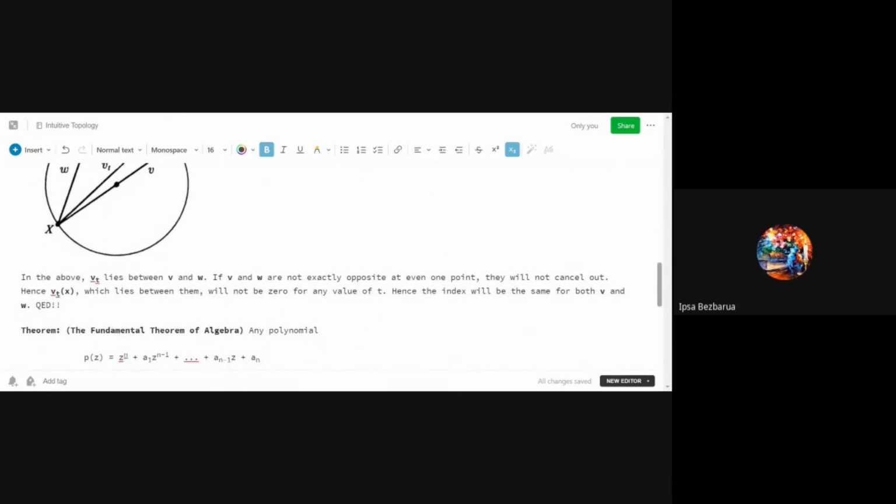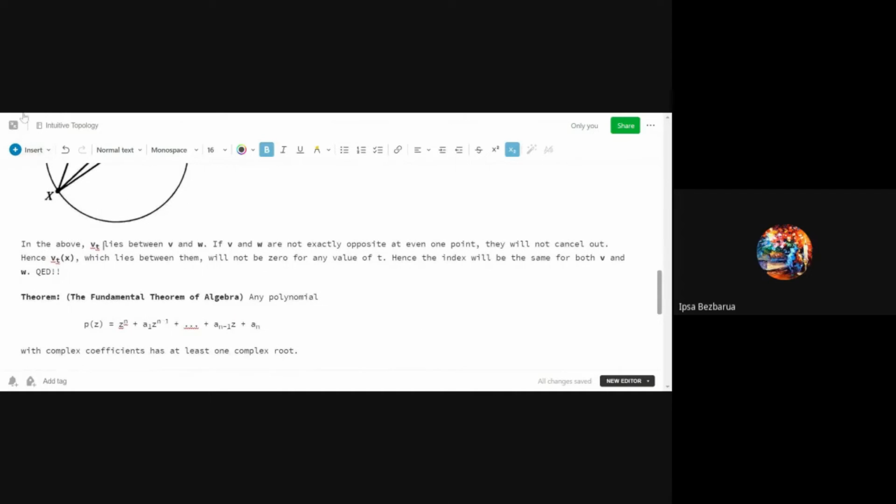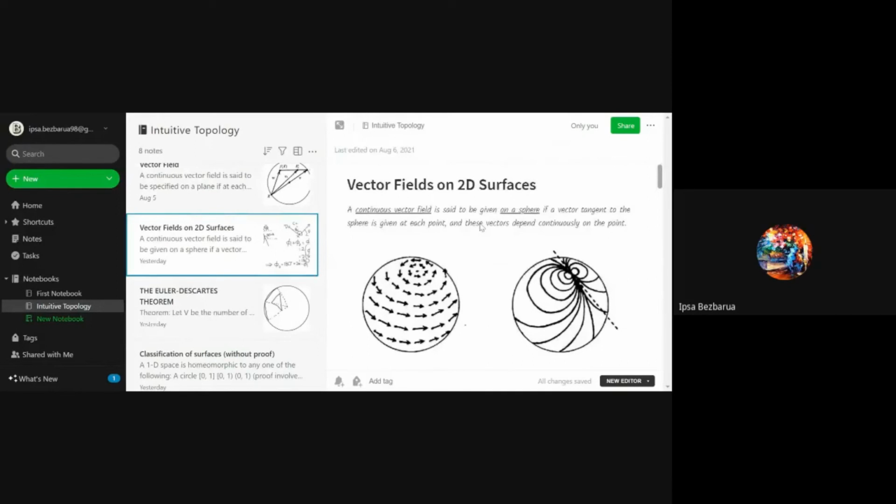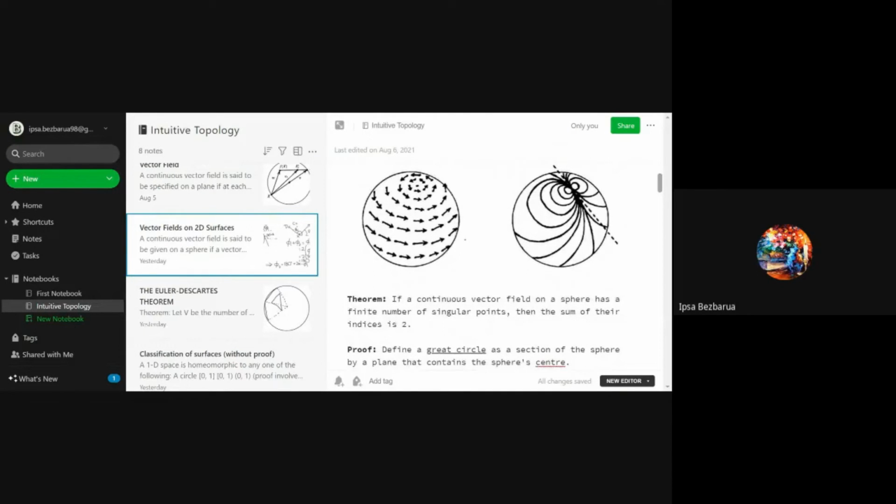The next section is actually about vector fields on a sphere, so you'll get an idea when we get to it. Okay, I'll give you a teaser. It looks like this. These are vector fields on a sphere, and this is basically an index because there is no vector flow at this point, and likewise there will be one on the other pole of the sphere.